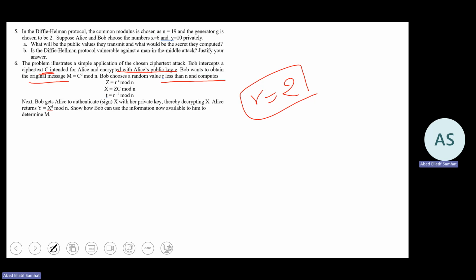In this case, Z equals R to the power E modulo n.